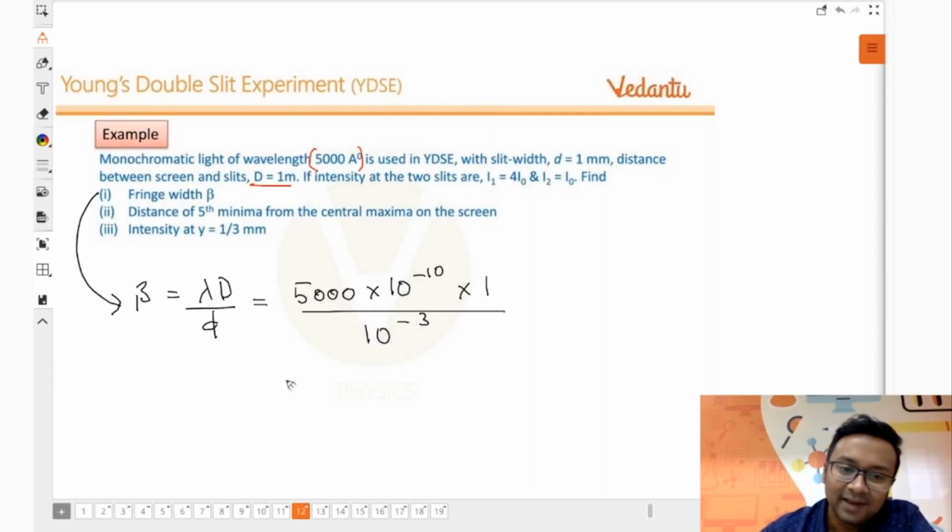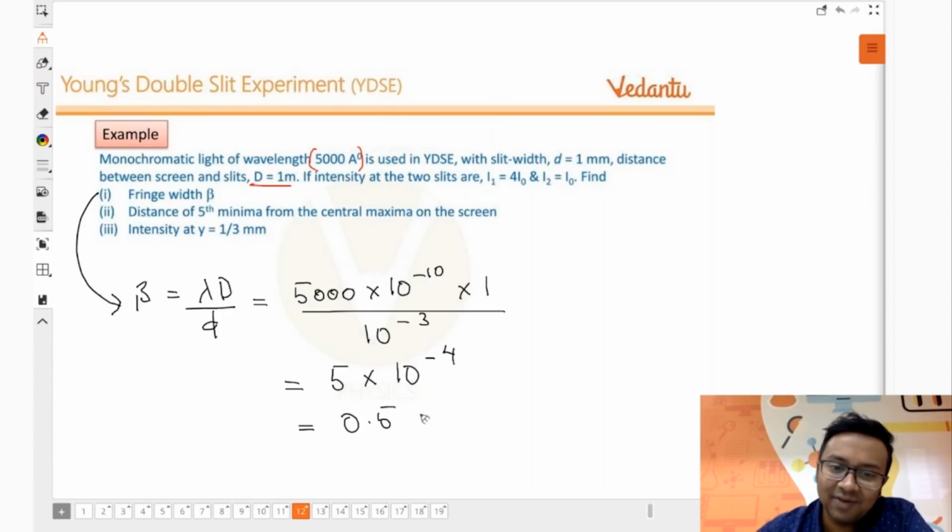If you solve it further, you will get 5 into 10 to the power minus 4. I can write it as 0.5 into 10 to the power minus 3 meters. So that is nothing but 0.5 millimeter.